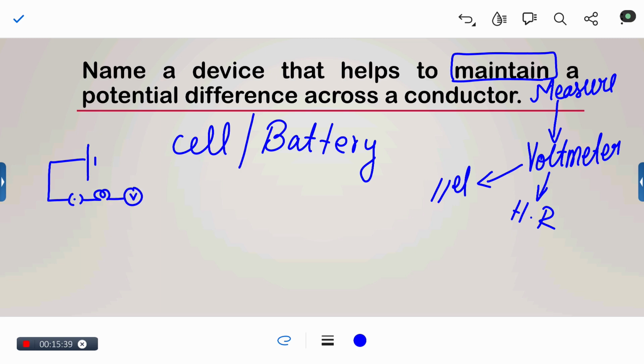Let's take 2 to 3 circuits. Plus, minus, plus, minus.